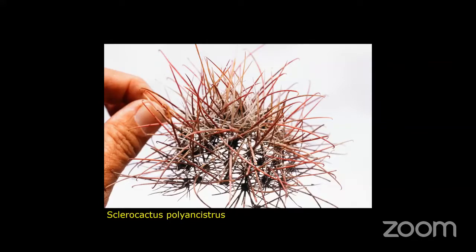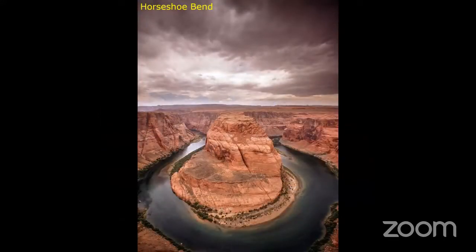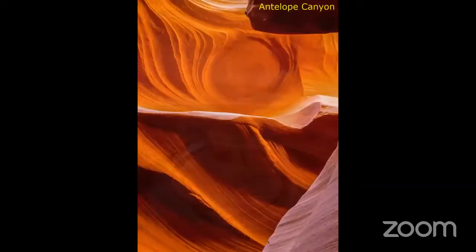So we're going to move into the area near Page, Arizona, because there's some very interesting scenic vistas there. This is called Horseshoe Bend of the Colorado River, and there's a slot canyon just to the east of Page called Antelope Canyon.